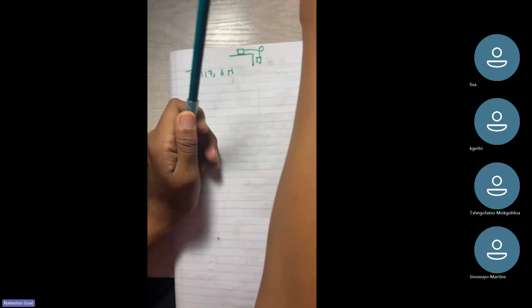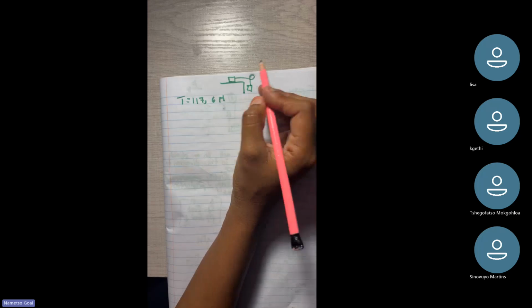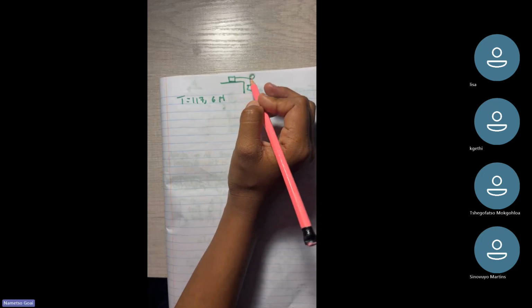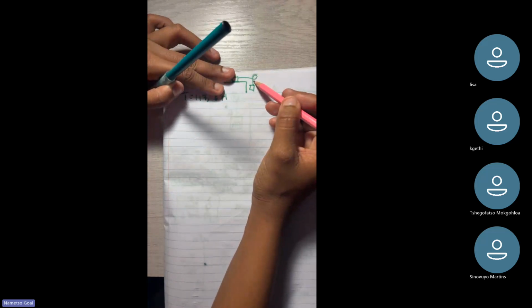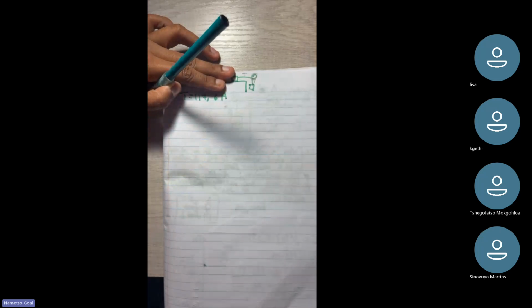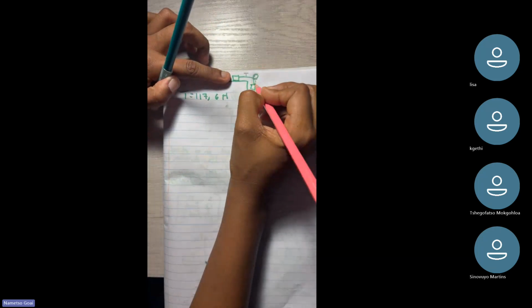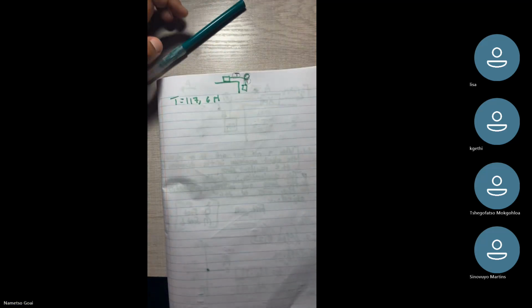It means that at this pulley, the string passes very smoothly so it does not affect the tension force, meaning the tension force at this point is the same as the tension force at this point. So if we got the tension here, we also got the tension here. Do you guys get it?